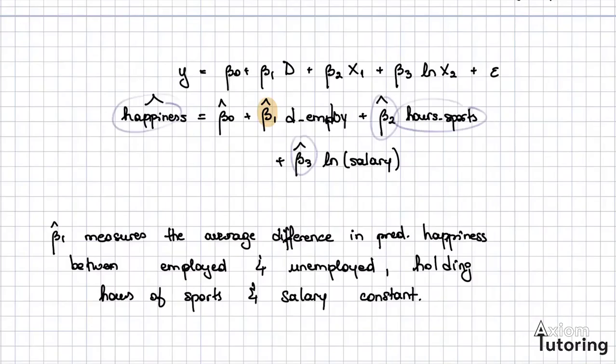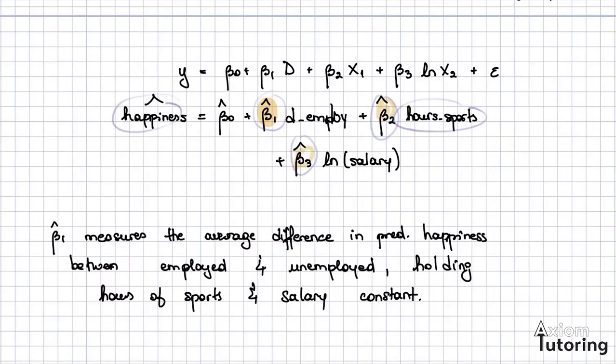Okay. Now, keep in mind though, that something fundamentally changes. The question here is, well, I know that this beta 1 is going to tell me the difference in predicted happiness between employed and unemployed. What is actually happening to the beta 2 and the beta 3 hat?